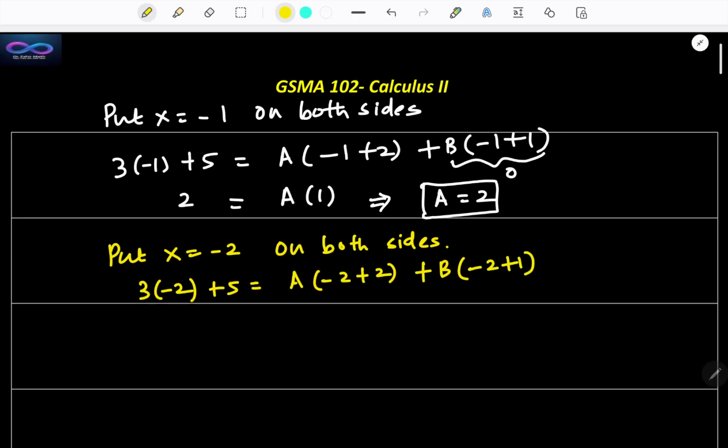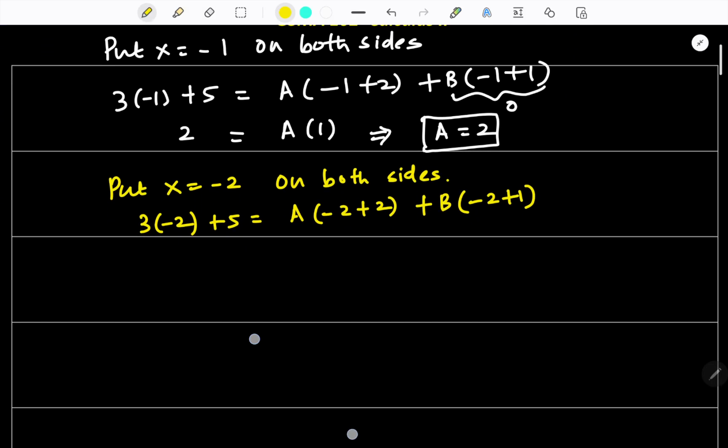So 3 times minus 2 plus 5 is minus 6 plus 5, so it becomes minus 1. This automatically becomes 0, and then plus b times, minus 2 plus 1 is minus 1.